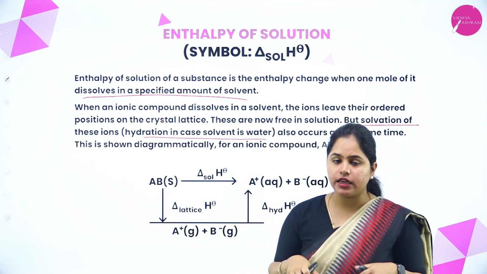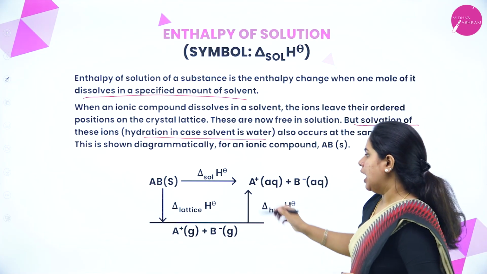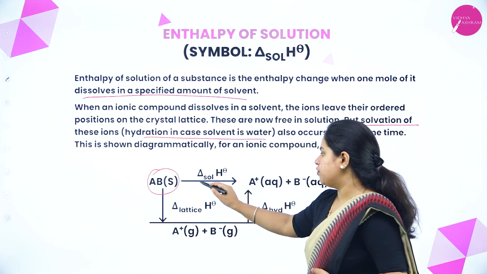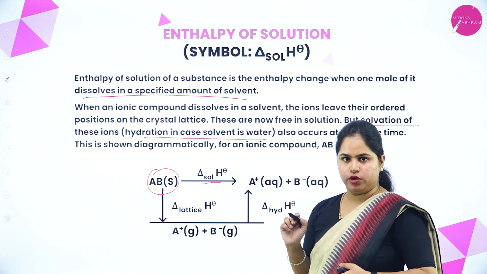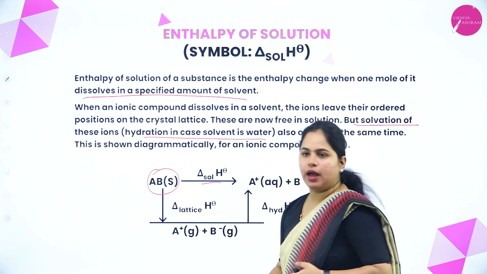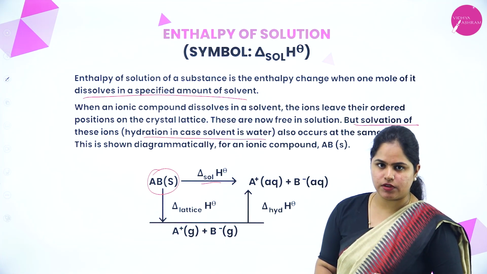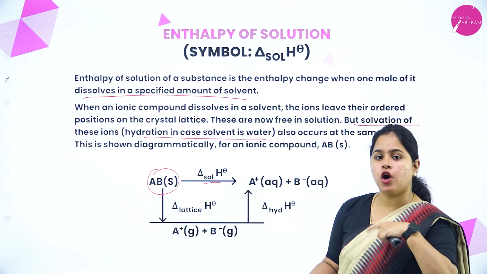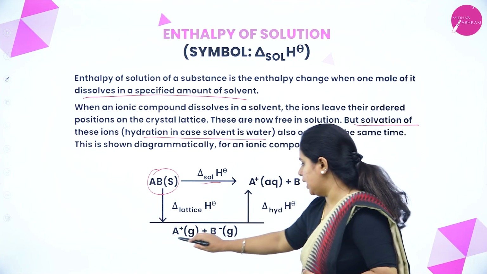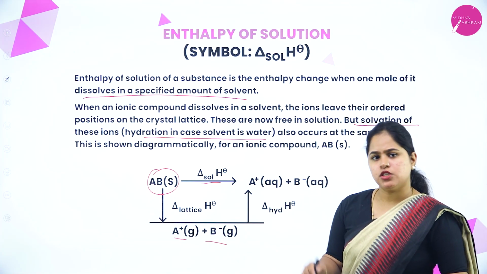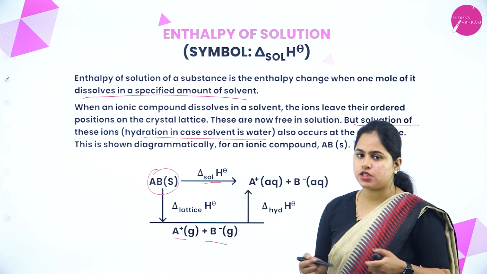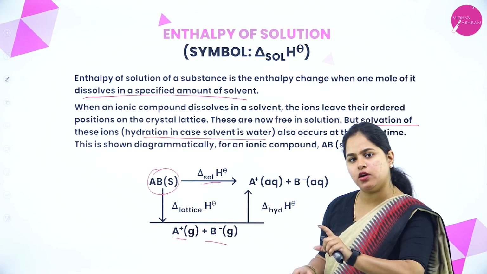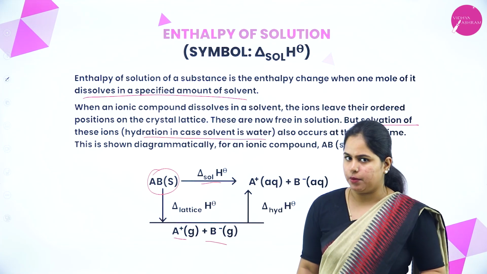Now as you can see here, this is the ionic compound we have taken. If you have to calculate the enthalpy of solution, first the lattice enthalpy is associated with it. That means AB gets converted into its constituent ions, that is A plus and B minus. The enthalpy required to convert 1 mole of ionic compound to its constituent ions is called the lattice enthalpy, right?